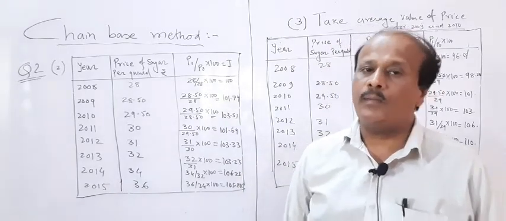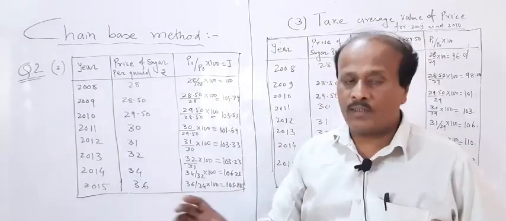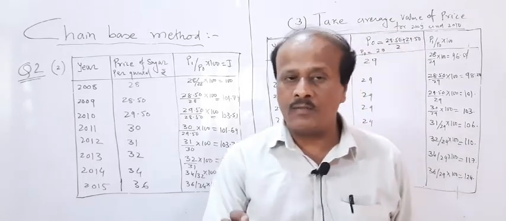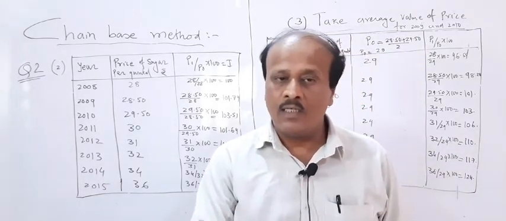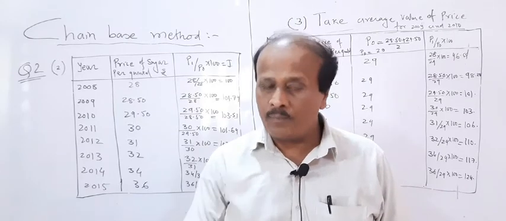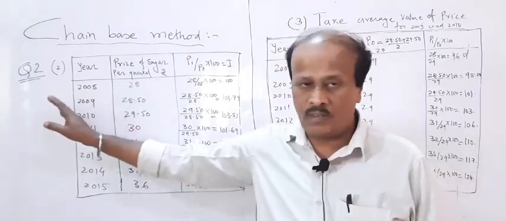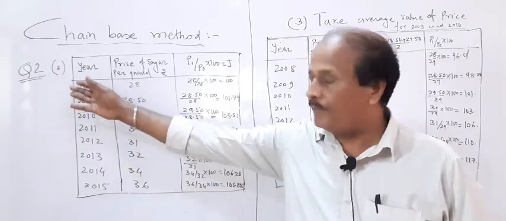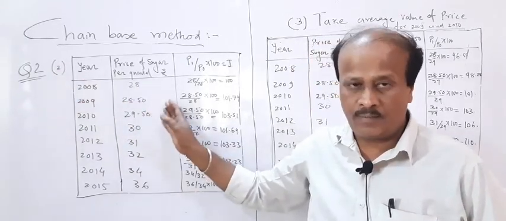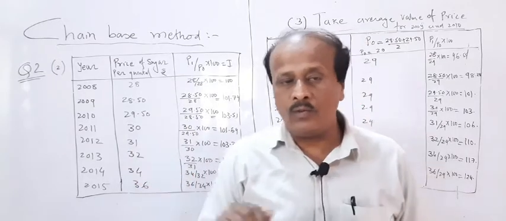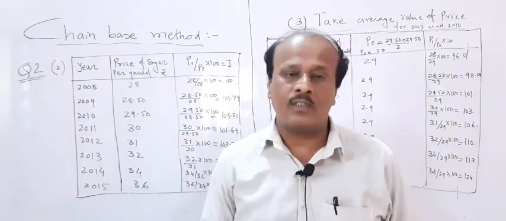In one of the examples, they took the base year's price values for 3 successive years as average values. If they are asking the third part, first you do the first part as I did earlier, then the second part, then the third part, and then this question can come for 6 marks.